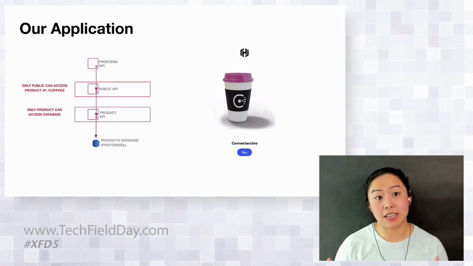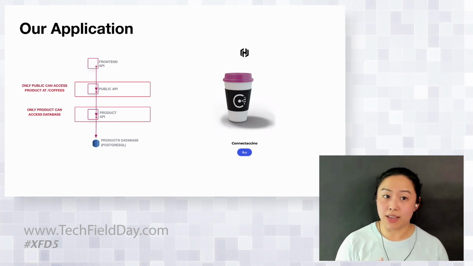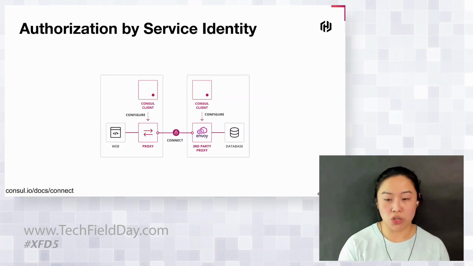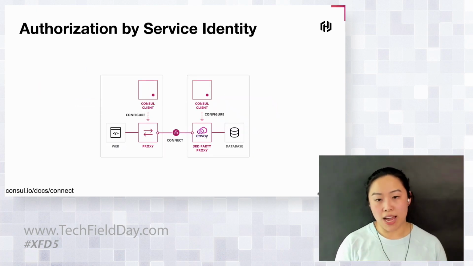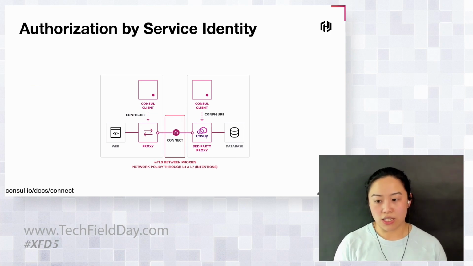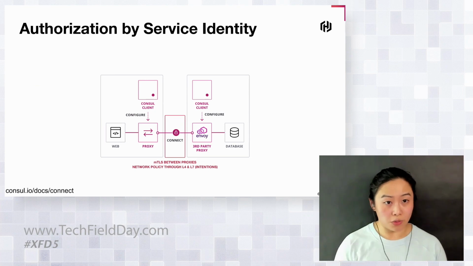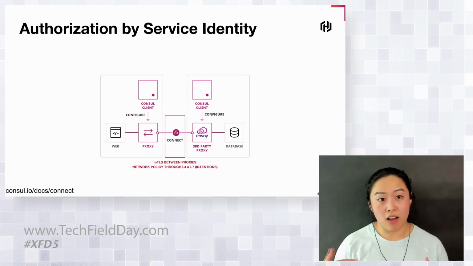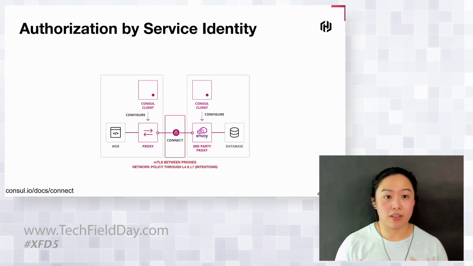This is identity policy management, saying, hey, you can only access this application if you are authorized to do so. So this is authorization by service identity. It's primarily implemented through the service mesh. There is something called a proxy. In this case, we're using Envoy, and we're pushing the requests through Envoy, and Envoy will then communicate with all the other Envoy instances.